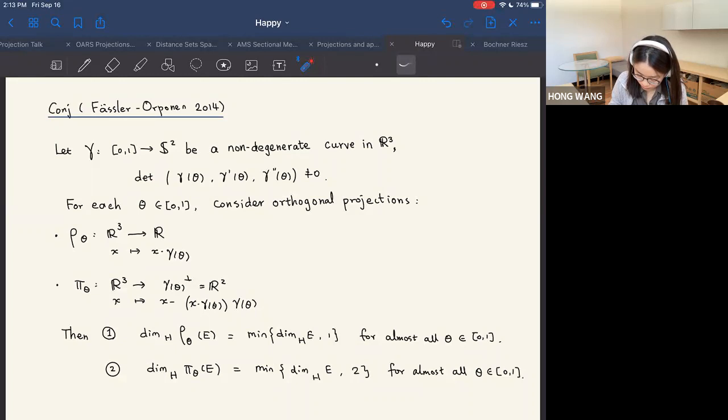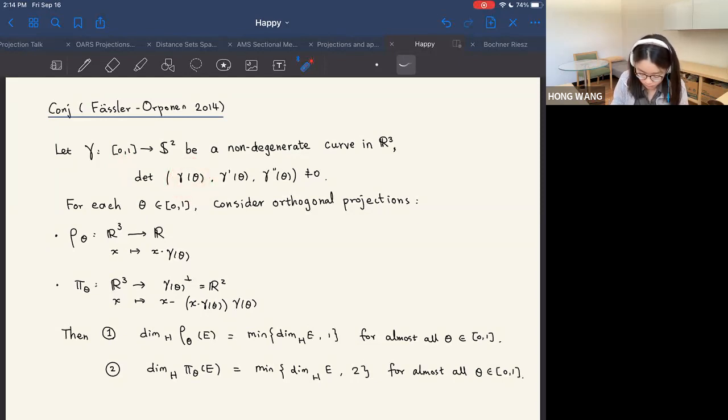Now, for each theta in the unit interval, we can consider two types of orthogonal projections. The first type: rho theta, from R3 to R, that maps x to x dot gamma theta. When this curve is clear from the context, sometimes we will identify theta in the parameter space with the image gamma theta.